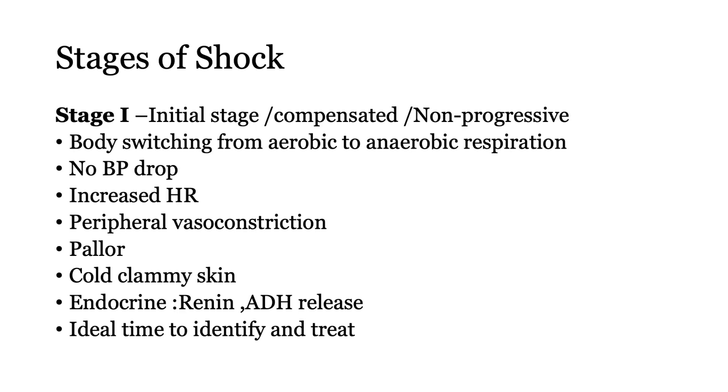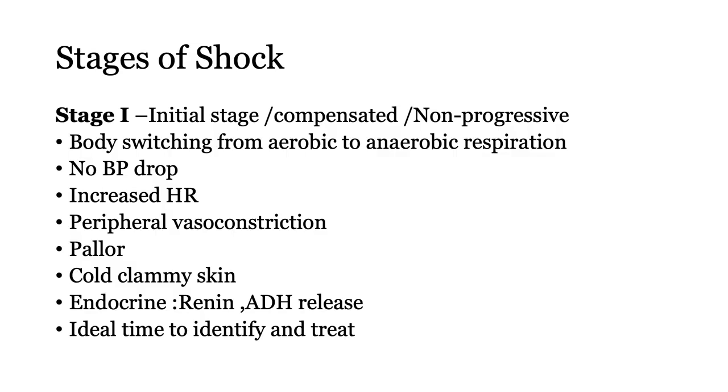So what are the different stages of shock? We have stage 1 to stage 3 in order of severity. Stage 1 is also called the initial stage or compensated stage or non-progressive stage. Here, the body is switching from aerobic to anaerobic respiration. There is no drop in blood pressure. The heart rate increases in order to maintain the cardiac output.